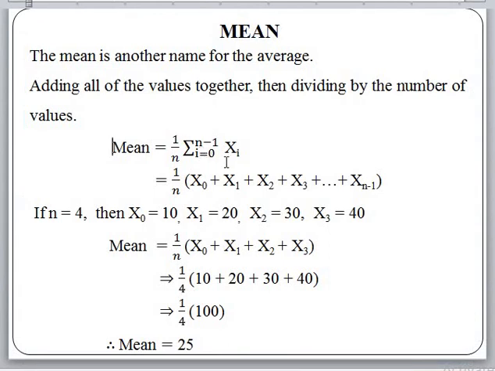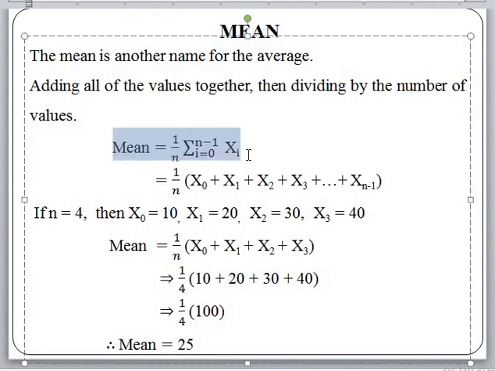To compute this, we have a mathematical formula. It is summation of values x of i, where i varies from 0 to n minus 1. After doing the summation, we have to multiply it by 1 by n, where n is nothing but the number of elements.